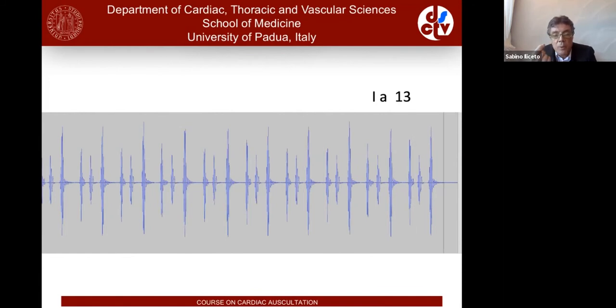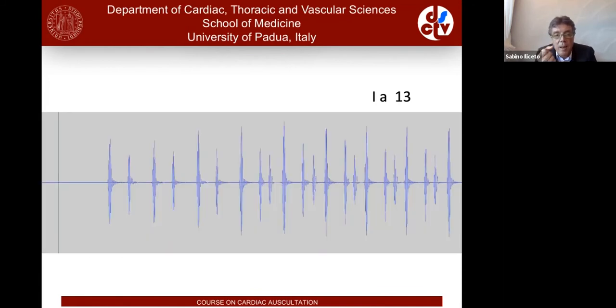So this is important because this patient is tachycardic, so it is a high frequency third sound. So this is the typical finding of a very severe decompensated left ventricle. I want to show you this again because this is a very, very good recording of a highly decompensated left ventricle in a patient with heart failure.